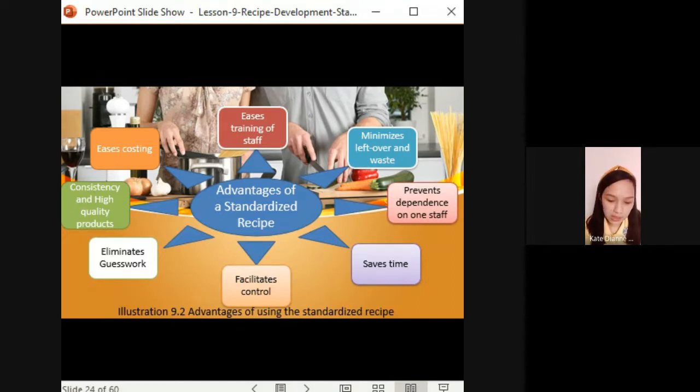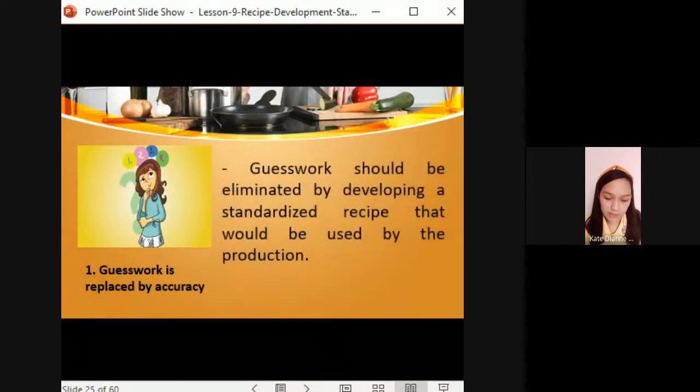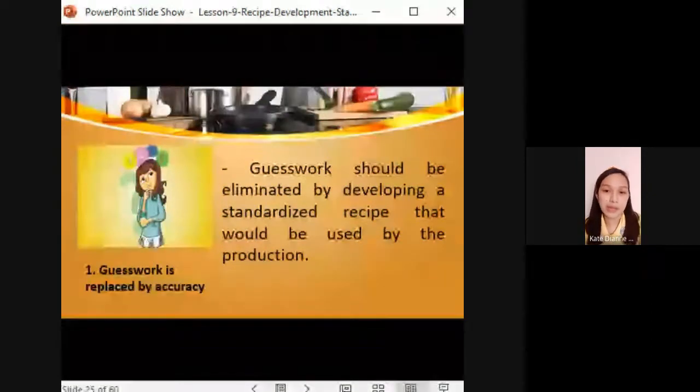So let us proceed first with the first advantage, which is eliminates guesswork. So guesswork is replaced by accuracy. Guesswork should be eliminated by developing a standardized recipe that would be used by the production. So pag sinabi natin guesswork, mababawasan yung ating tansya-tansya, no?